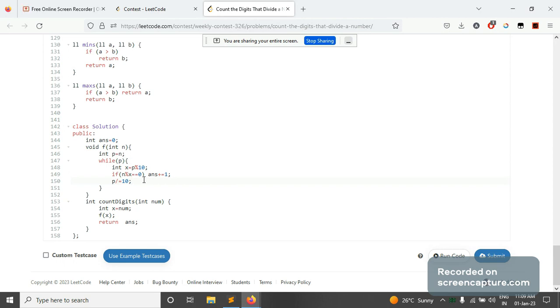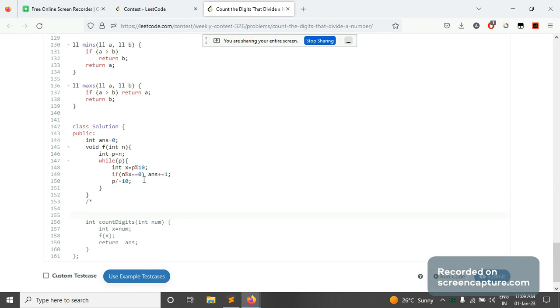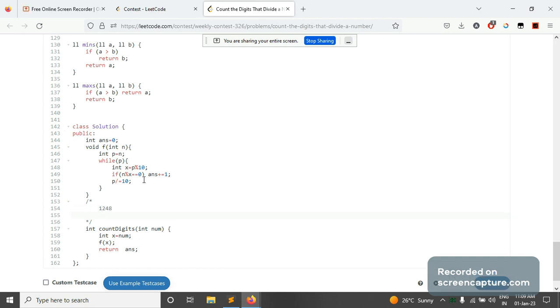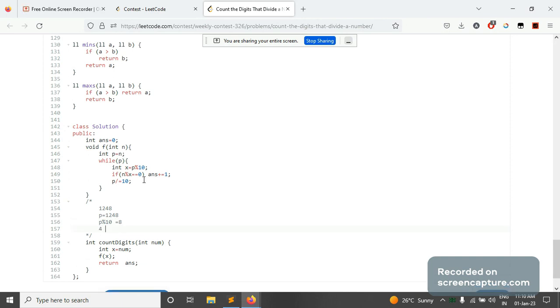Suppose we take the example 1248. In that case I have taken a copy of 1248 in another number, and after that I'm taking the last digit, like p mod 10 will give me 8, after that it will give me 4, after that it will give me 2, and after that it will give me 1.